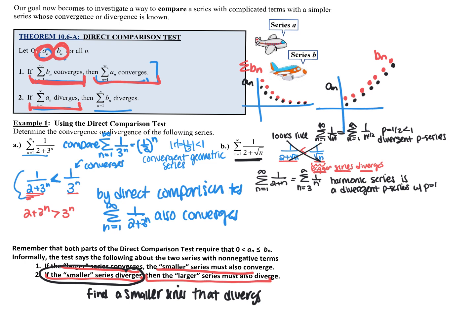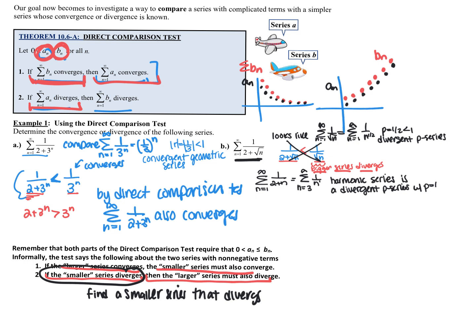And if you are not convinced, just think about what the first couple terms of this one are. Plug in 1 and you get 1/3. Plug in 2 and you get 1/4. Plug in 3 and you get 1/5. Here, plug in 3 and you get 1/3. Plug in 4, you get 1/4. Plug in 5, you get 1/5, right?